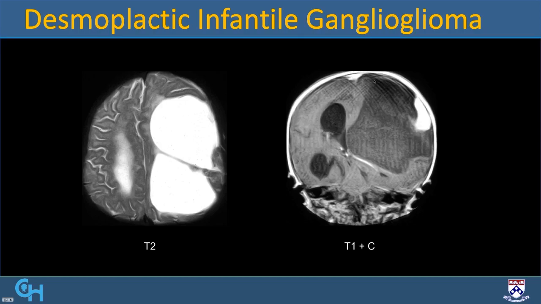It may be difficult to identify whether this is intraaxial or extraaxial in location when it is such a large size of the tumor. The clue here is going to be the young age of the patient and a large cystic component of the mass, which can be almost occupying the entire hemisphere in this young child. Remember this entity, desmoplastic infantile ganglioglioma.